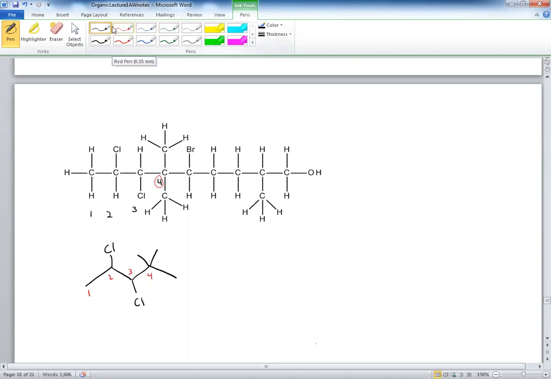Then after 4, you have 5. This is the 5th carbon. What's attached to it? There's a Br attached to it.